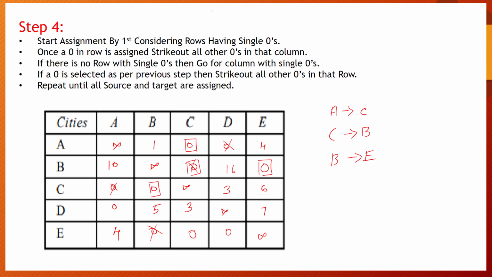He cannot go to C because C is also already covered. Cross this out. Then the only way left is he can go to either A or D. If he goes to A, then it will be a closed loop, so he will never reach city D. So he will go to D.